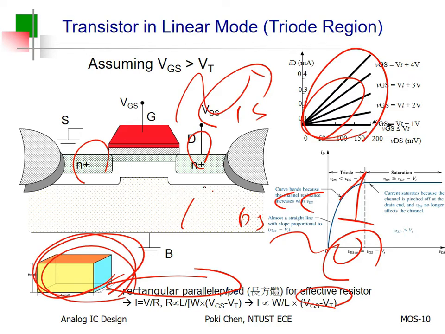However, if you increase the drain voltage higher and higher, then we don't have such a rectangular parallelepiped. Instead, we will have some kind of deformation.